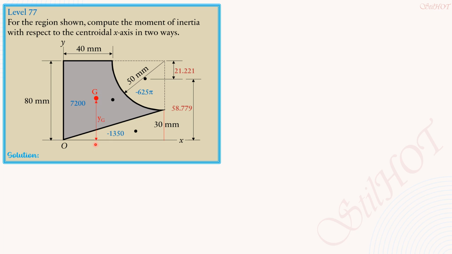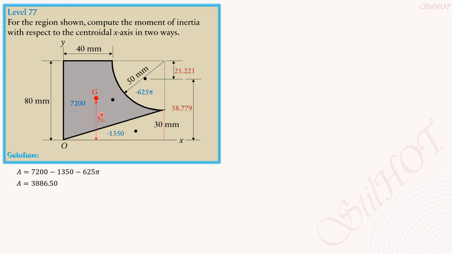So this is the centroid of the entire area, and its distance from the x-axis is denoted by YG as shown. So area is 7,200 minus 1,350 minus 625 pi. In decimal, area is 3886.5 mm square.